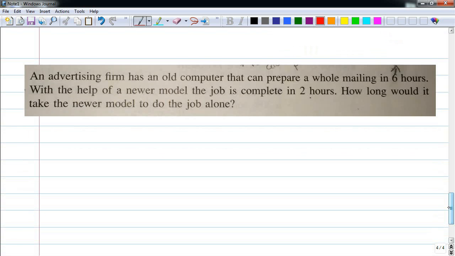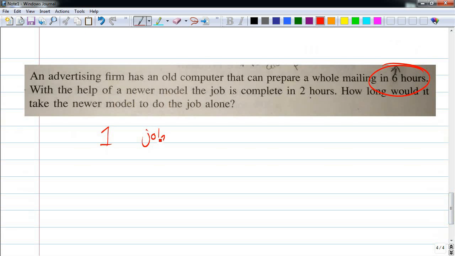So let's get one more. An advertising firm has an old computer that can prepare a whole mailing in 6 hours. With the help of a newer model, the job is complete in 2 hours. How long will it take the newer model to do the job alone? This is actually a rate problem. My amount is one job.